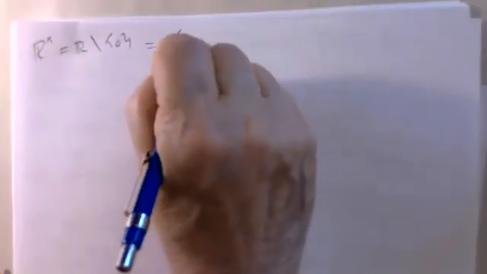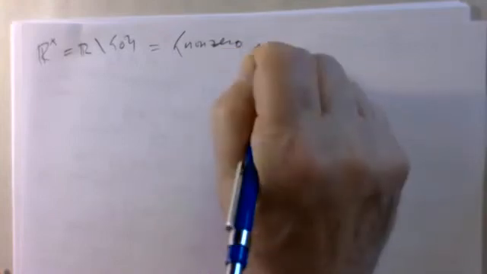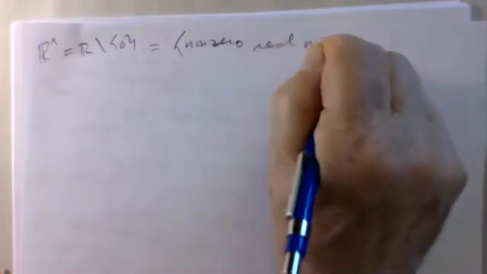So let's look at some examples. Suppose we let R, this is a times sign, be the real numbers with 0 removed. So this is the set of non-zero real numbers.